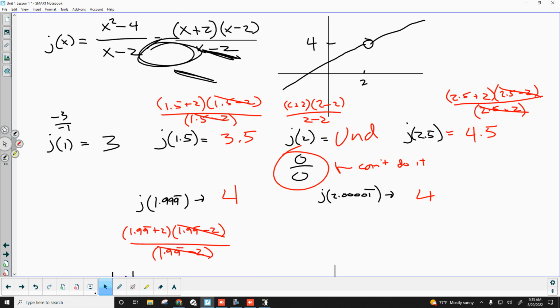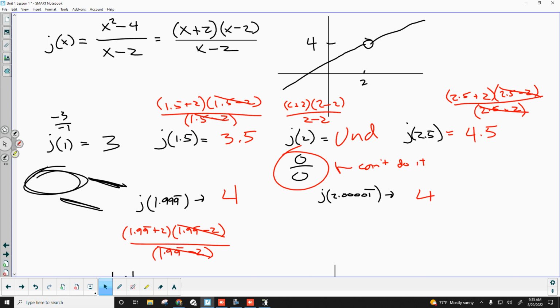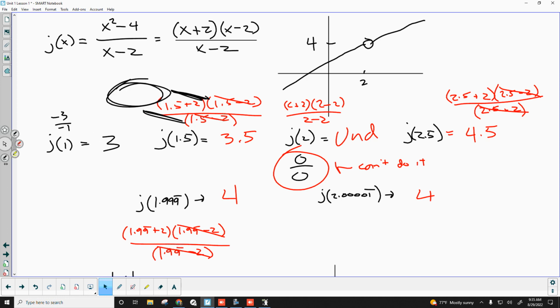You could plug in 2 into a simplified equation, but the simplified equation changes J. You're not allowed to plug in 2 into J, but you could plug in any other number into J, and any other number plugged in besides 2, just plug it into x plus 2. Does that make sense? It's a little tricky, this stuff. So we have a situation where we have a hole in a graph. We're approaching a y-coordinate 4, but we never really get to that point 2, 4.